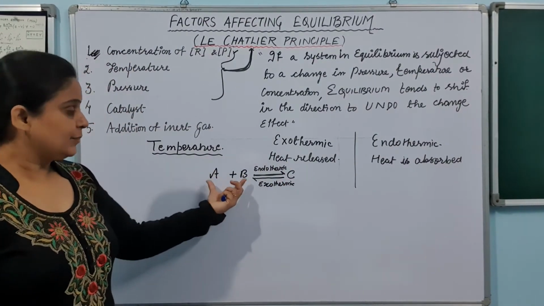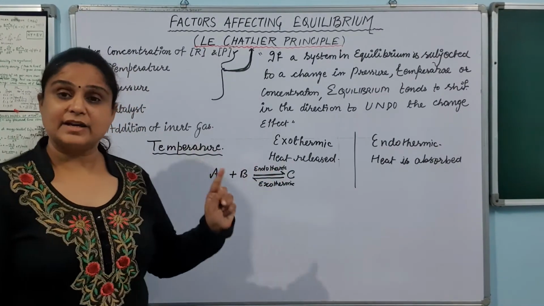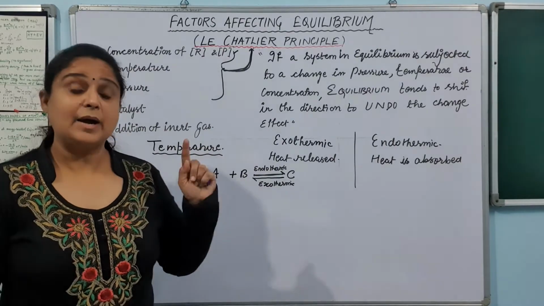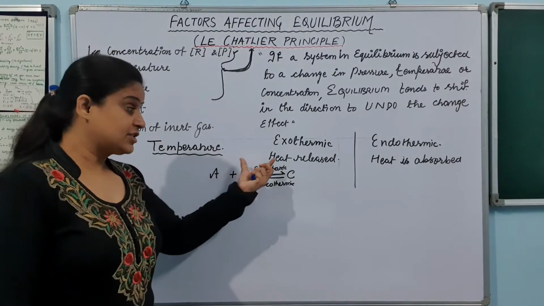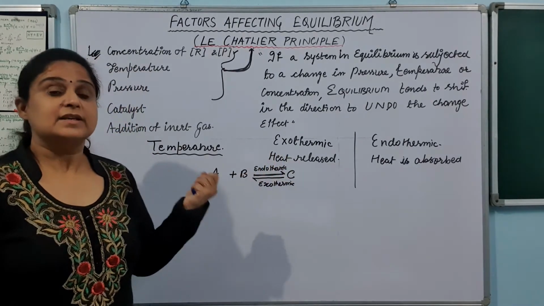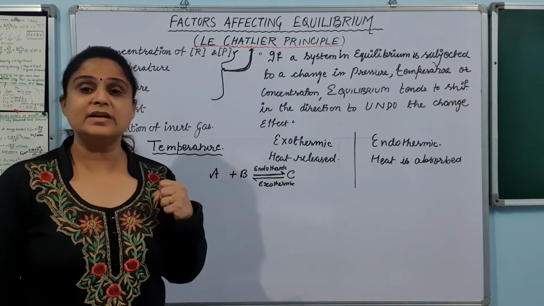So I am starting from, if you are increasing the temperature and your reaction is endothermic. You have increased the temperature and the reaction is endothermic, so the reaction will go in such a way that temperature is being absorbed.